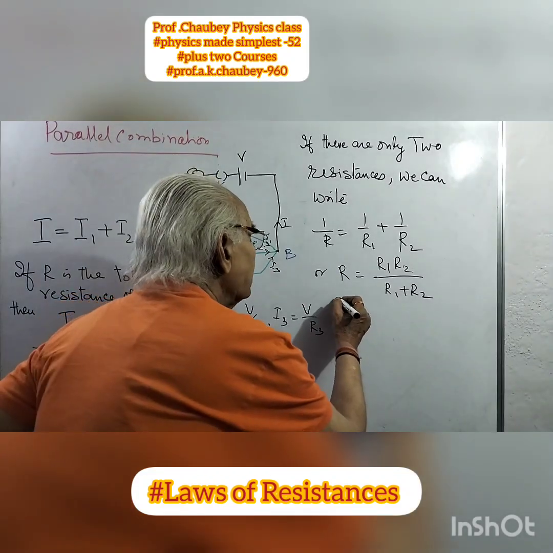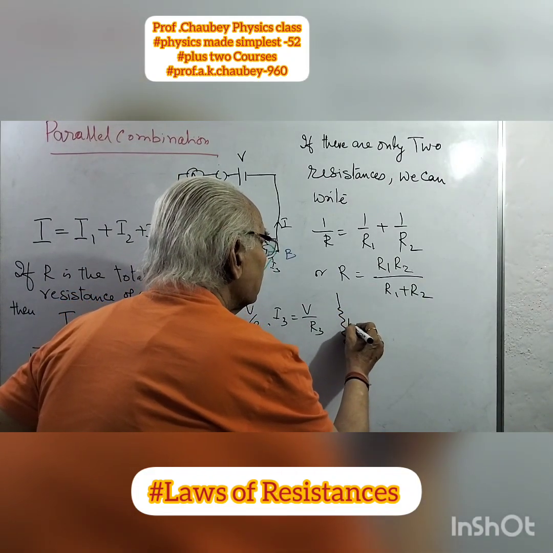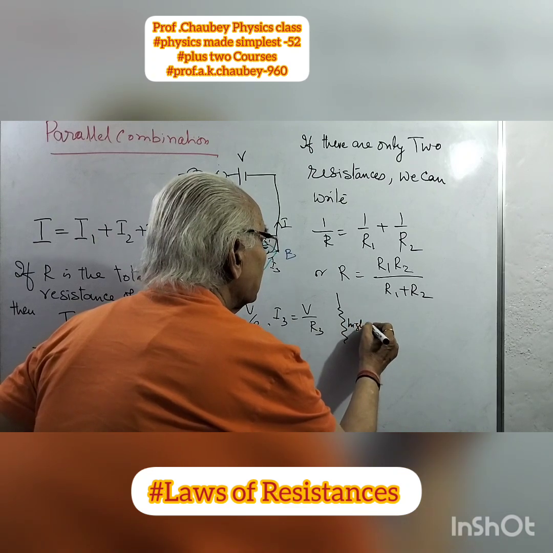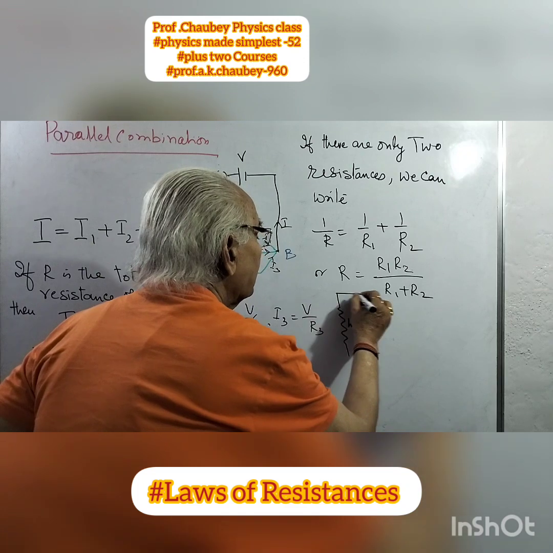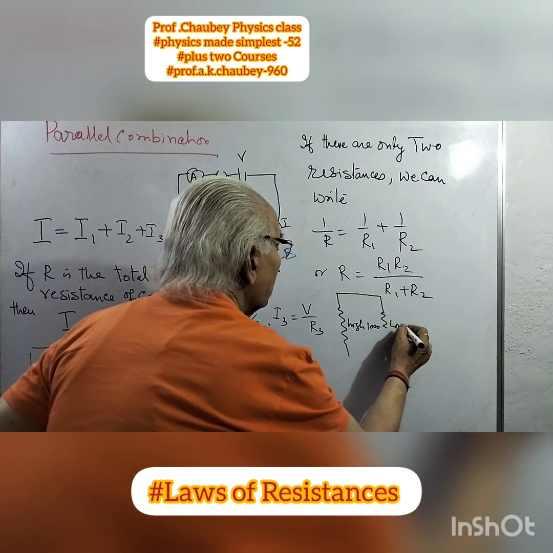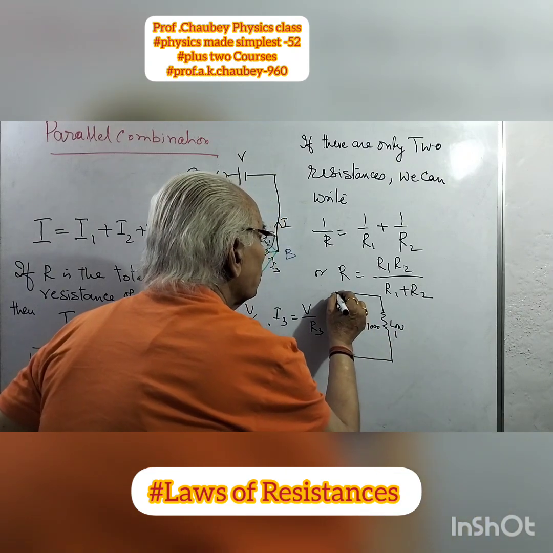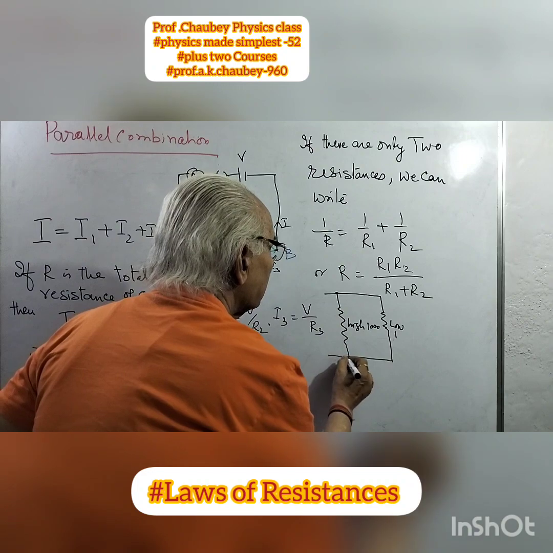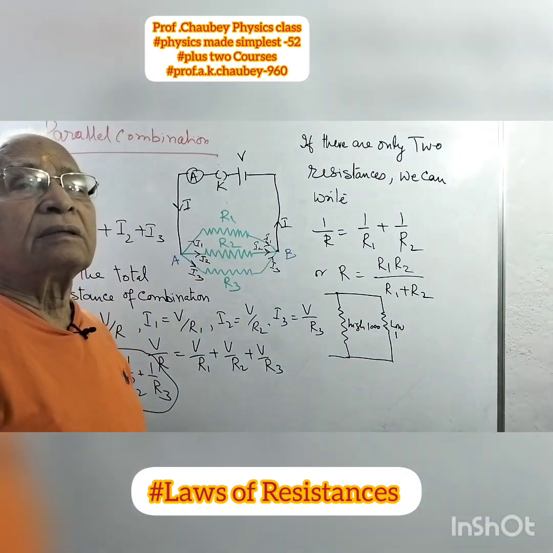Now I can give you one important result. If you have two parallel resistances, one is high, say about 1000 ohms, and the other is low, say 1 ohm, and these two are connected in parallel, what will be the combined resistance?